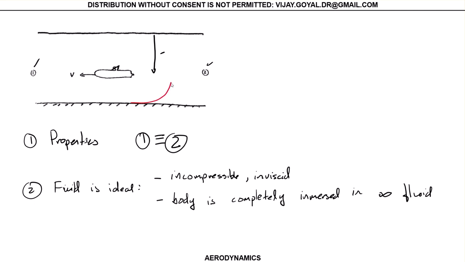So when I have a flow that does something like this, anywhere from here to here, we can assume that this is completely constant. That's the consequence of that.